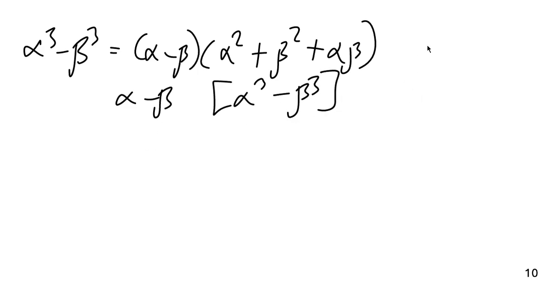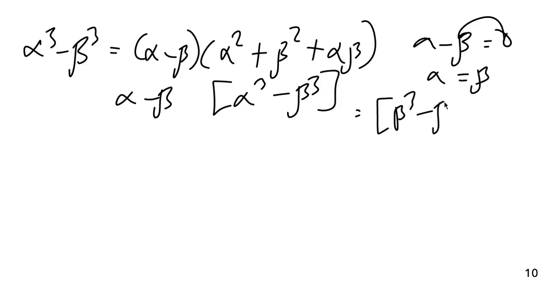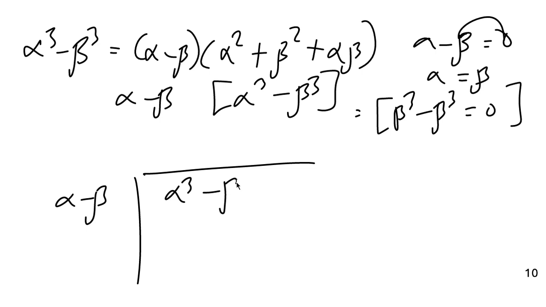Because if we equate alpha minus beta to 0, we'll have alpha is equal to beta, and if you substitute that, that will be beta cubed minus beta cubed, which is 0. And that's in agreement with the remainder theorem. So we can now divide alpha cubed minus beta cubed by alpha minus beta.